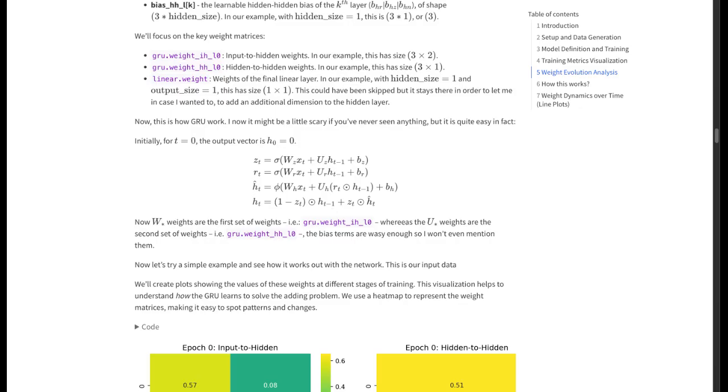It says how much should I consider the new candidate for the hidden unit, and how much of the old information should I keep. And the candidate again is given by a multiplication.